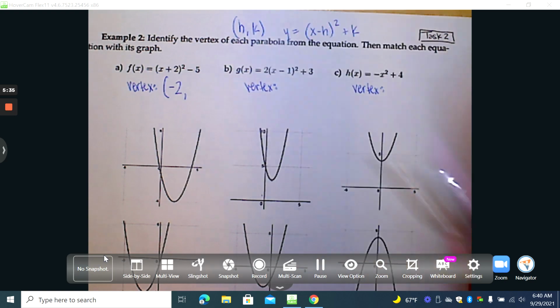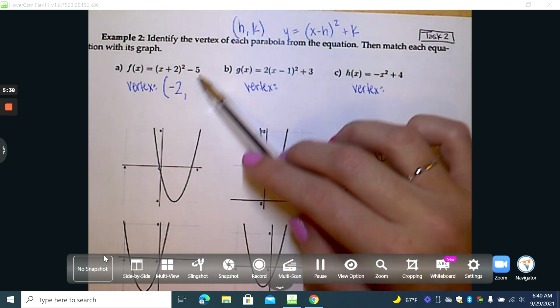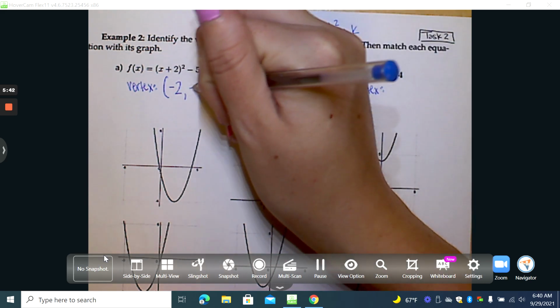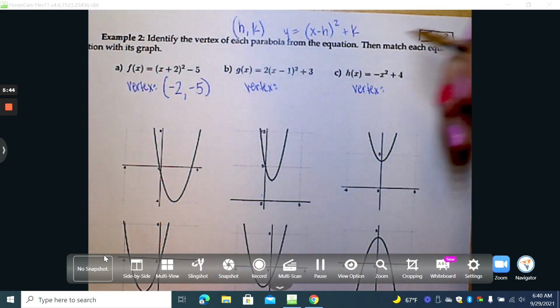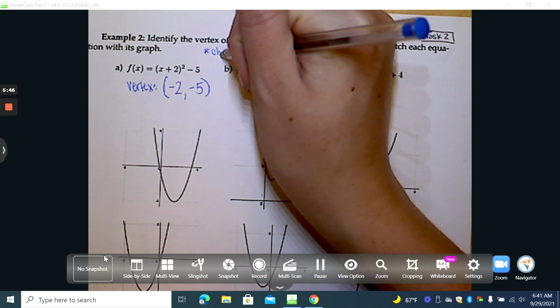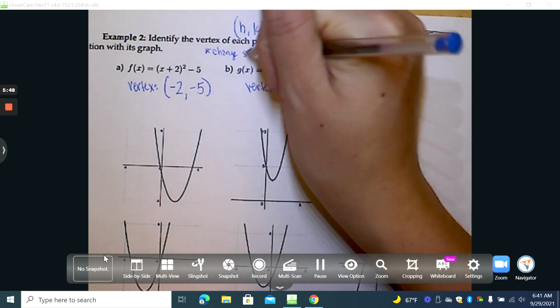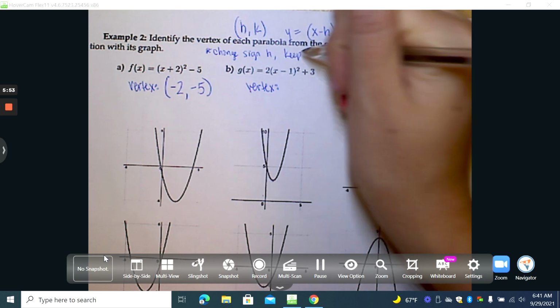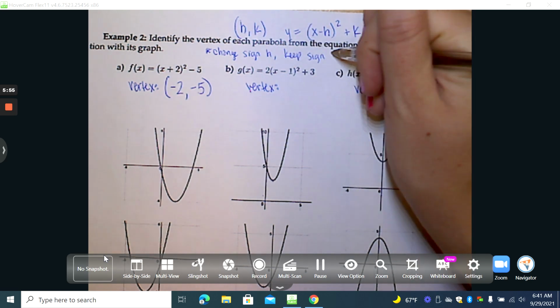So I'm going to have negative 2. My K is a negative 5. I keep that one the same. So I'm going to write negative 5. So if you want to write yourself a note, change sign on H, keep sign on K.